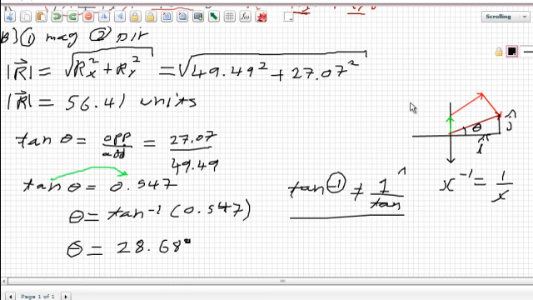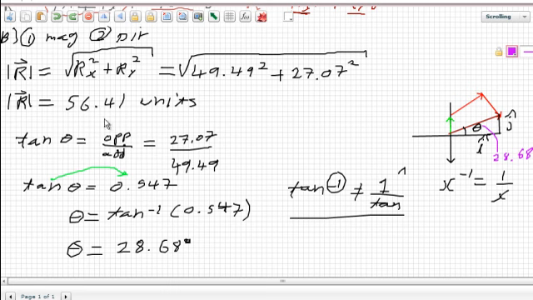Going back to our little diagram over here, this angle is exactly 28.68 degrees.